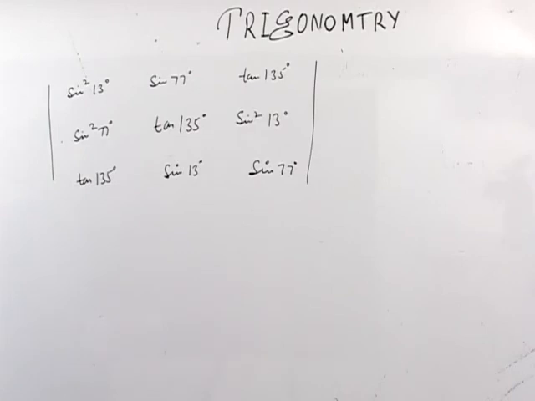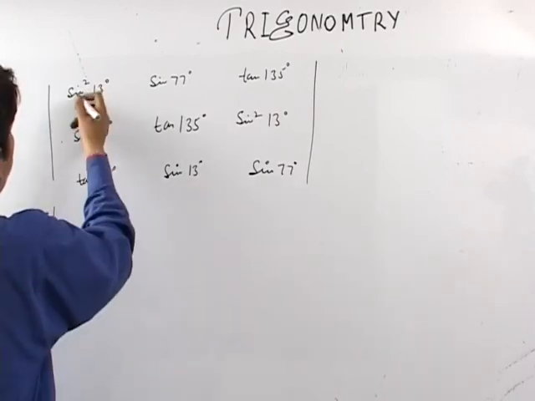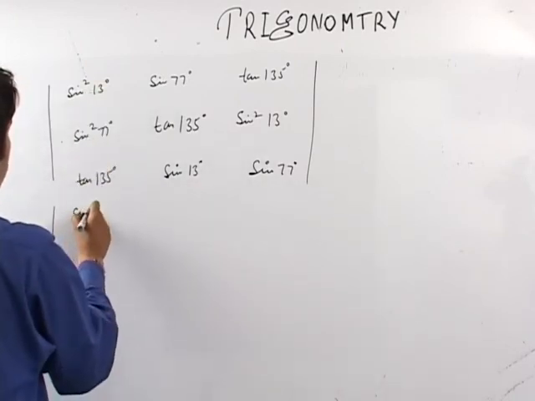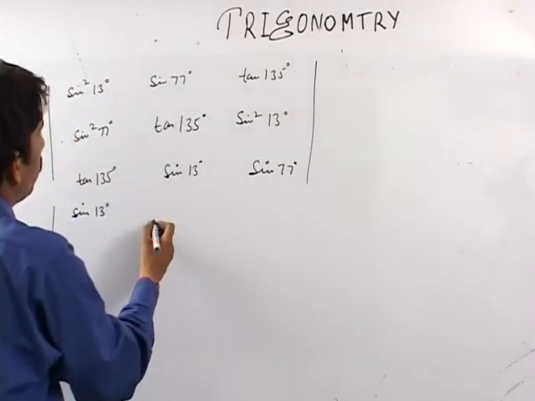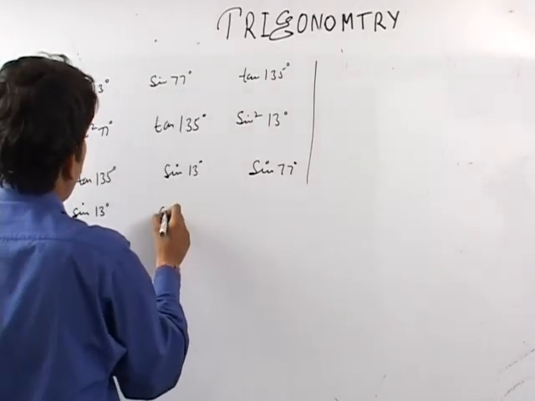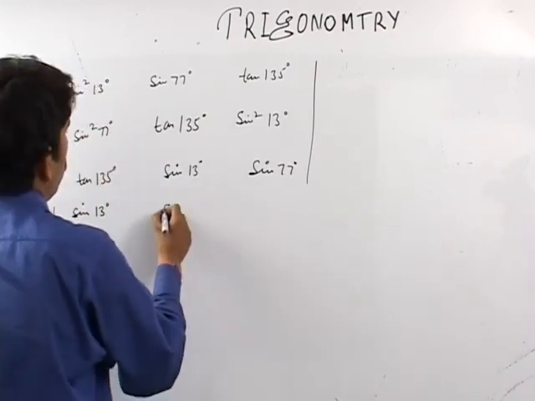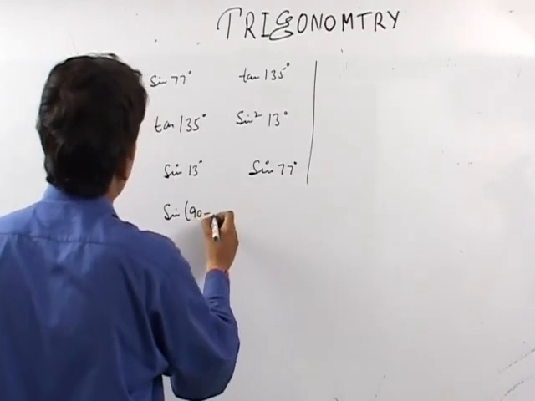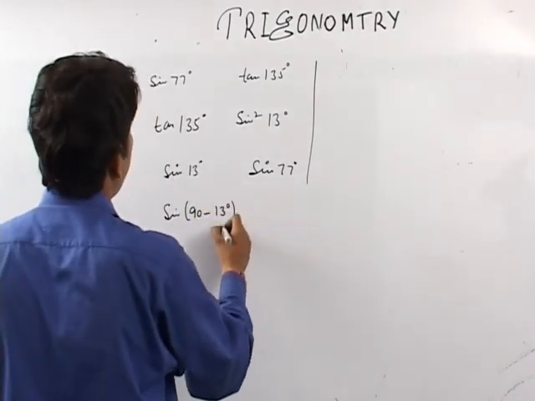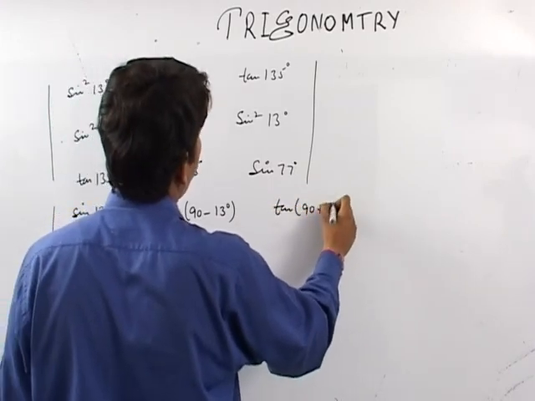Now to find this, first of all you convert this. Sin square 13 degree stays as it is, sin square 77 degree can be written as sin square of (90 minus 13 degree), and tan of 135 degree is tan of (90 plus 45).